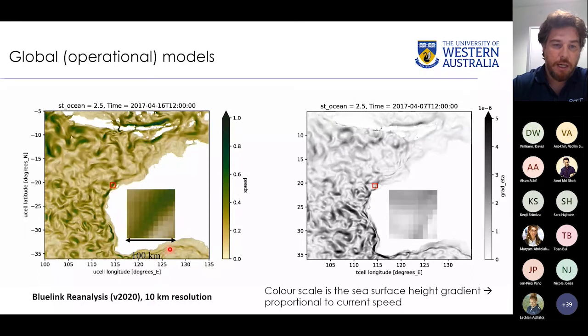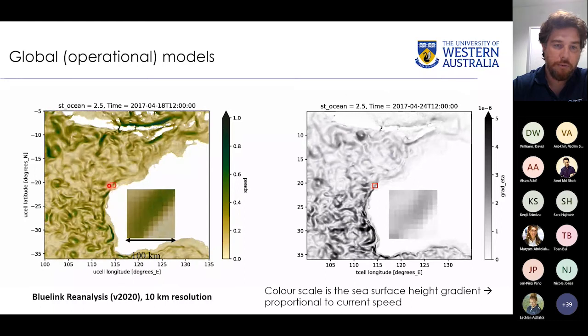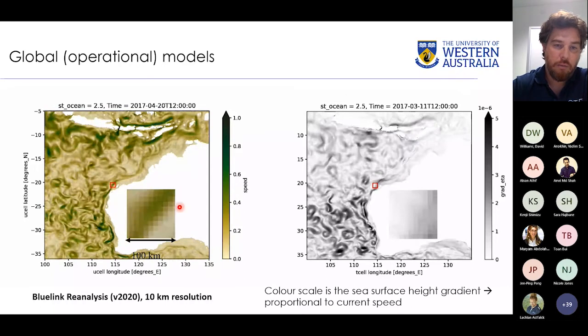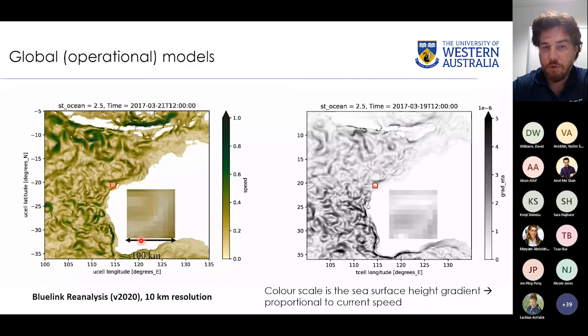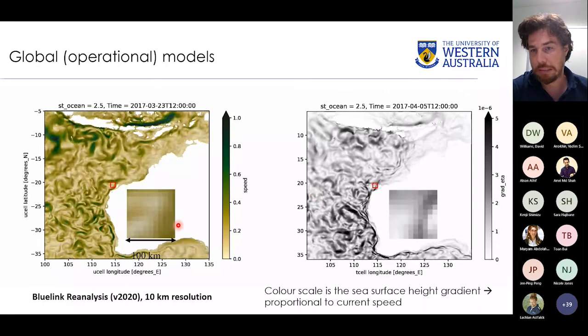This inset here is showing a 100 by 100 kilometre box off the Northwest Cape, and so you're seeing what kind of features you're resolving at sub 100 kilometre length scale.